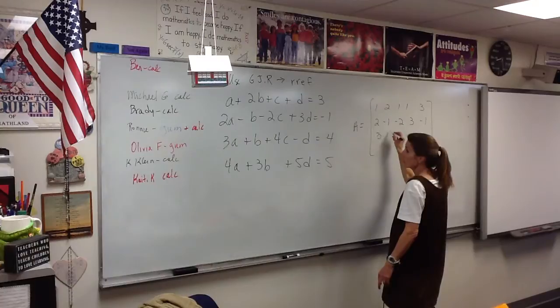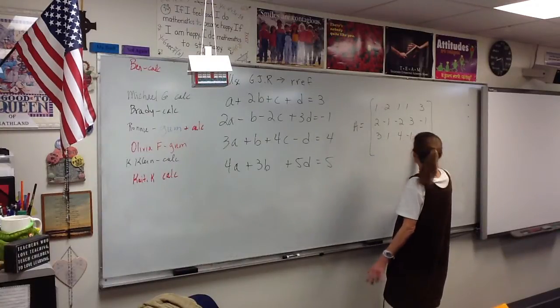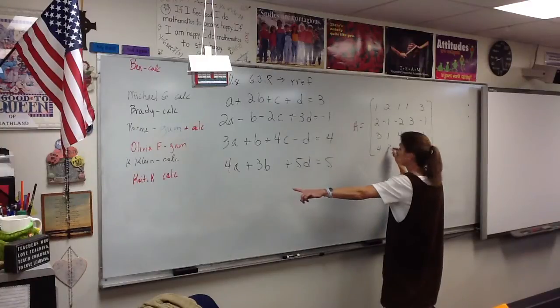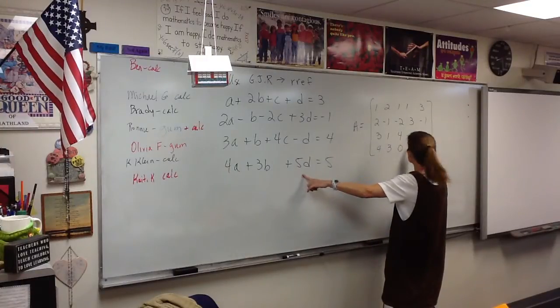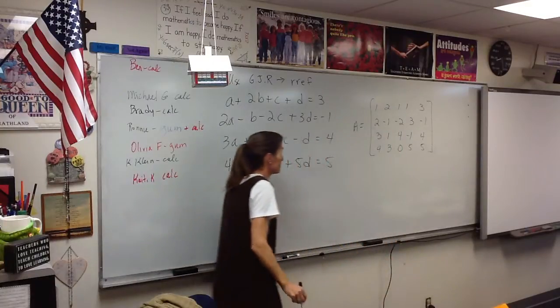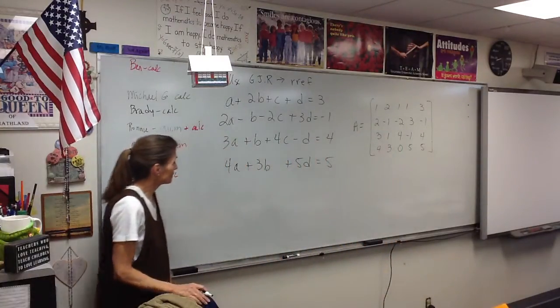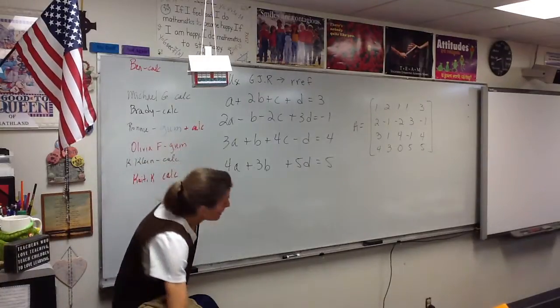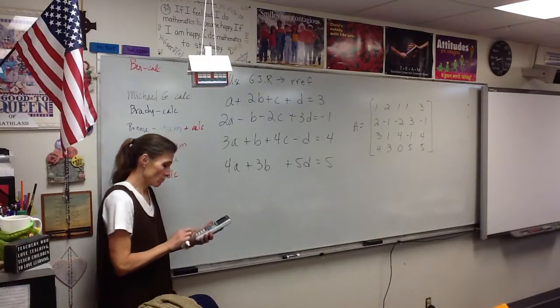Got to be real careful here about getting negatives and stuff. What about this bottom row? I got a 0 for the C spot. That happens a lot in the big systems. Just put zeros in if you have a letter missing. What are the dimensions of that guy? That's a 4 by 5.